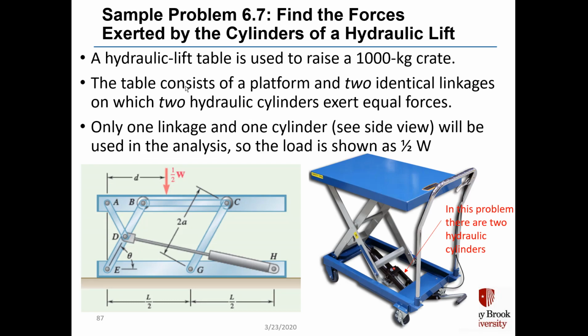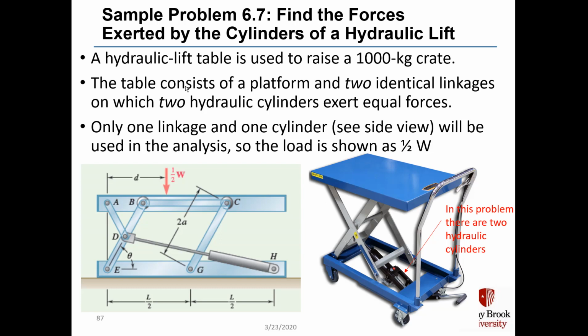Here's example problem 6.7, where we're going to find the forces exerted by the cylinders of a hydraulic lift. In this example, a hydraulic lift table, like the one in this lower right corner, is used to raise a 1,000-kilogram crate.